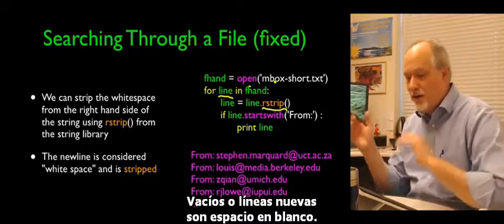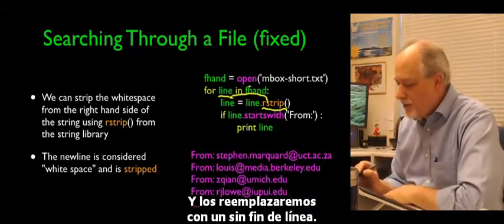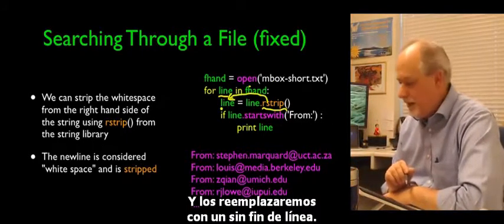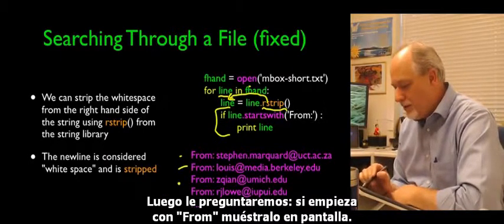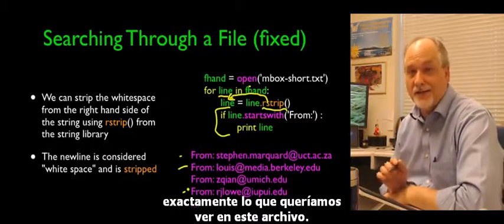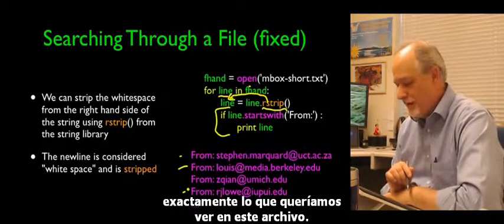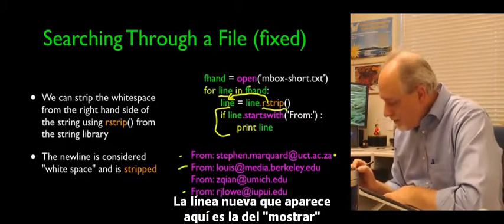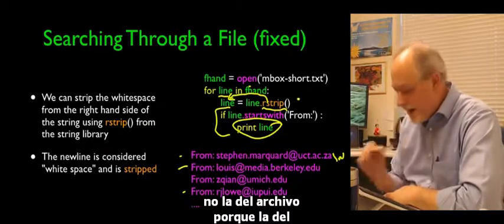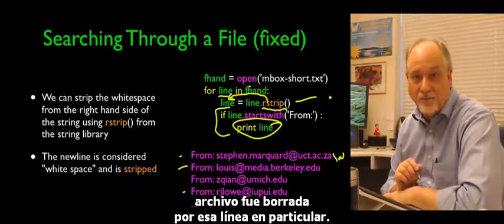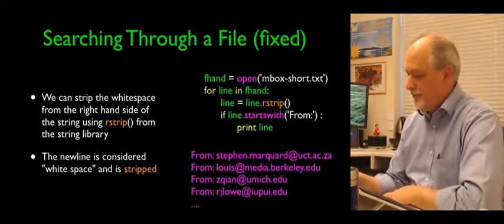Blanks or new lines are white space. And then we're going to replace this with a line with no new line in it. Then we're going to ask if it starts with From, and then we're going to print it out. And then we're going to see exactly what we're looking for in this file. And there's no blank lines. Now the new line that's coming out here is the one from the print, not the one from the file, because the one from the file got wiped out by that particular line.